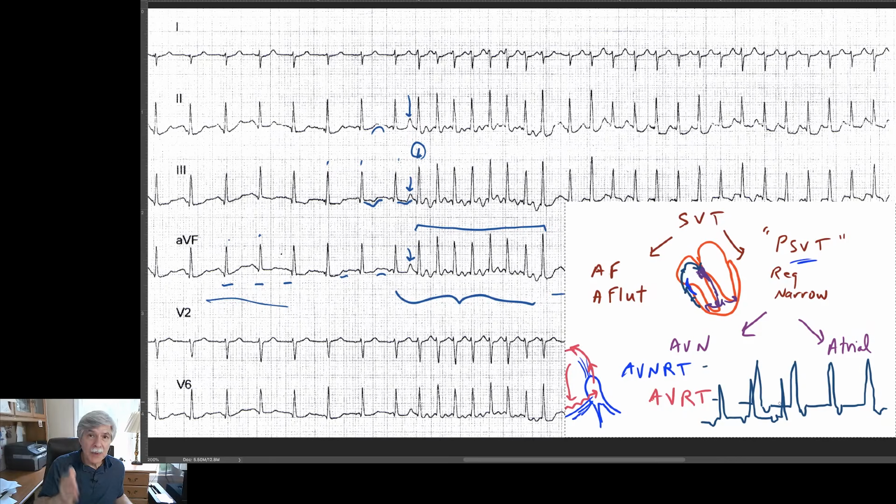But once you block the AV node, even for just 1 beat, these 2 arrhythmias, AV-NRT and AVRT, will break, and the patient will go right back into a normal sinus rhythm. So it's kind of the behavior of the arrhythmia, how the A's and the V's are related to each other, and also how it starts and how it stops. That gives you a lot of clues that that's it.